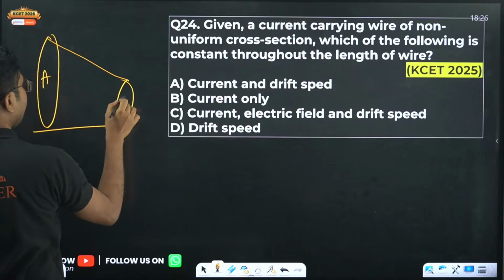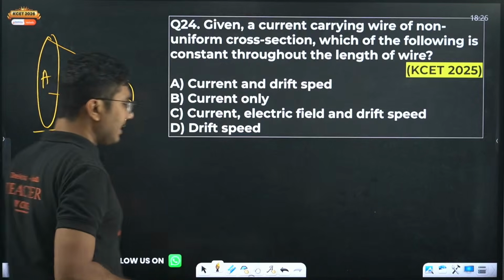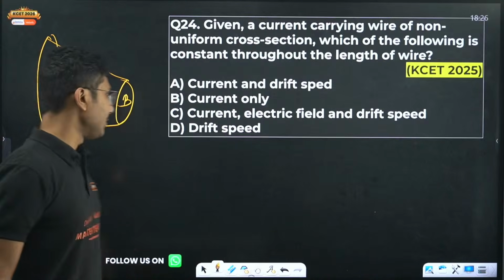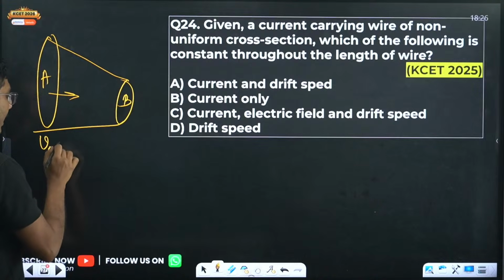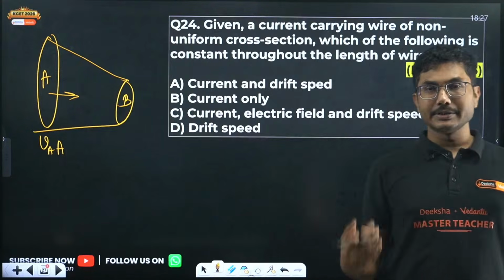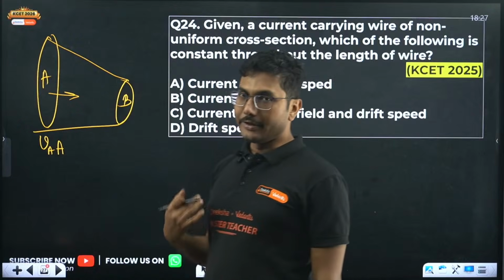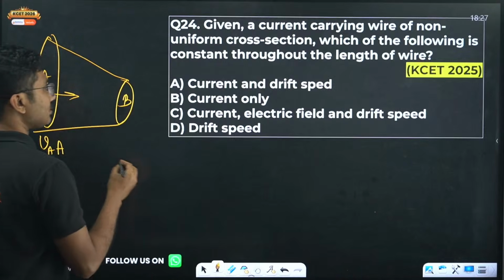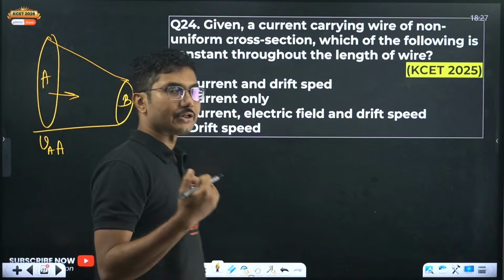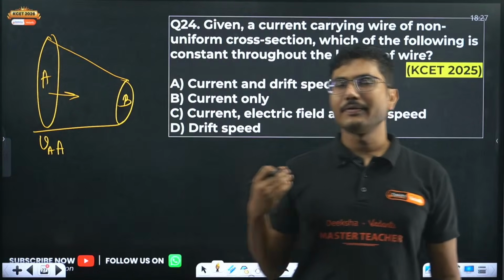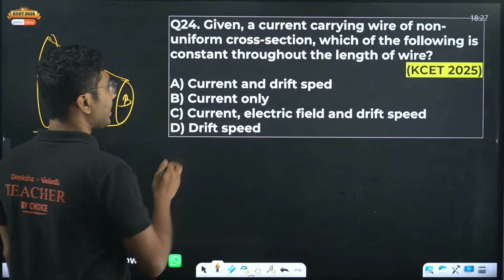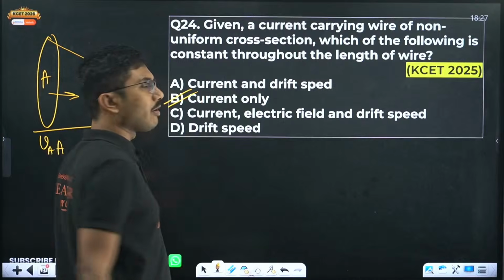Suppose this is area A, this is area B. Drift speed and area are related by the equation of continuity, so drift speed into area is constant. As area increases, drift speed decreases. As area decreases, drift speed increases. So the only thing that remains constant is the electric current. The electric field also changes based on the area, it can be strong or weak. So the only thing that remains constant throughout the wire is current only.